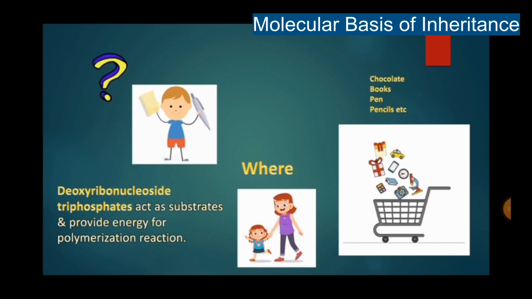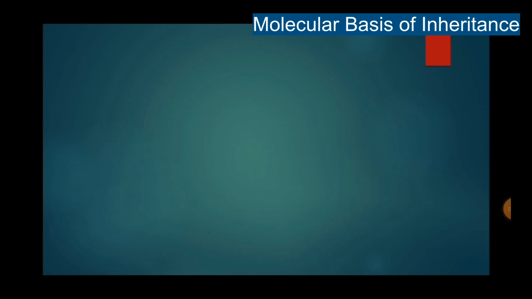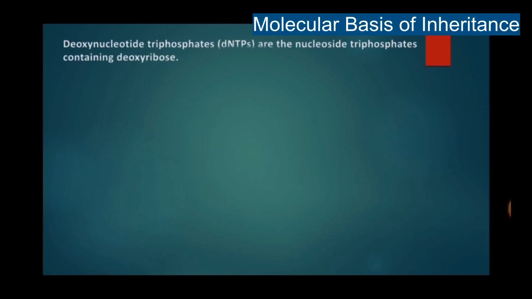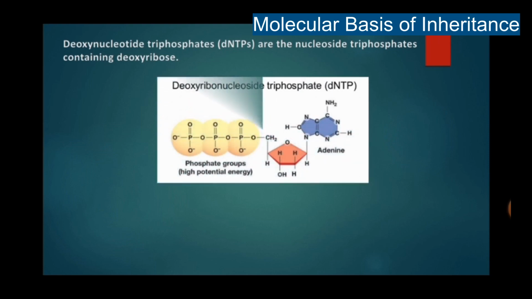Now, what is this deoxyribonucleoside? You remember nucleoside? We spoke about them. When pentose sugar combines with a nitrogen base, they form a nucleoside, right? Now when the pentose sugar is deoxyribose sugar, and it combines with a nitrogen base, it forms a deoxyribonucleoside.